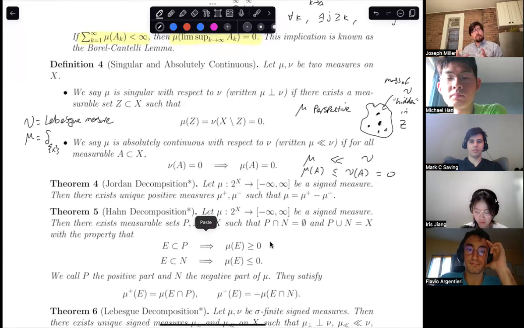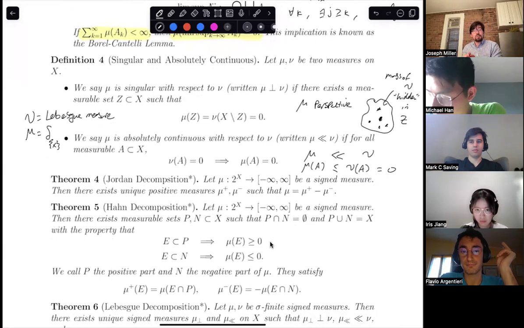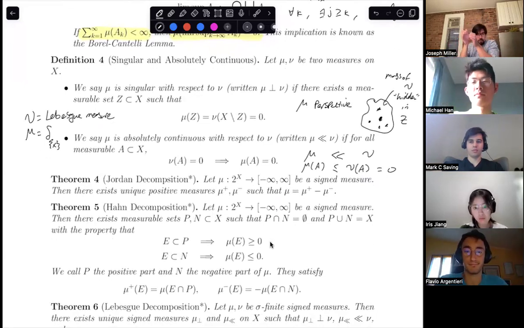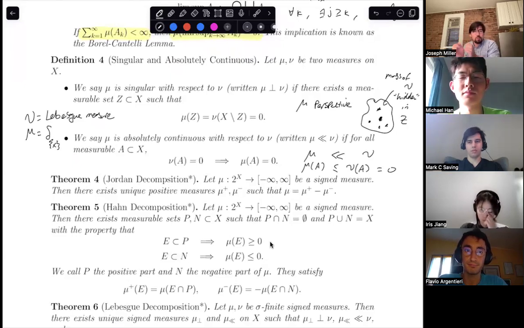Then I know the measure of points with respect to the Lebesgue measure: you give me a point, I can cover it by an arbitrarily small interval, and so when I take the infimum over all coverings, I get 0. So I know that points have measure 0 with respect to the Lebesgue measure. And mu, all it does is assign mass to one point. So they're singular with respect to each other.